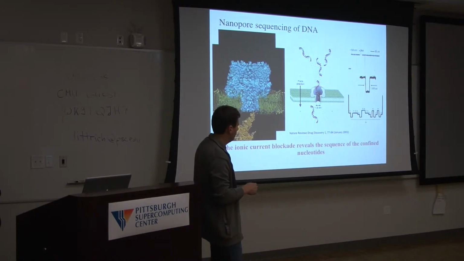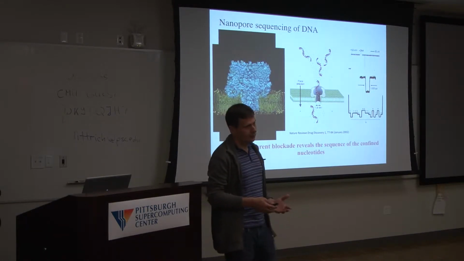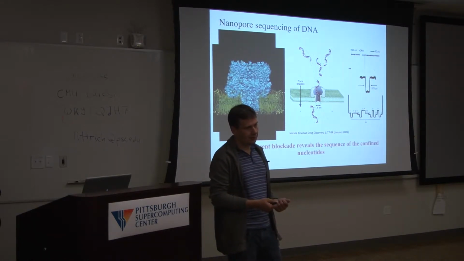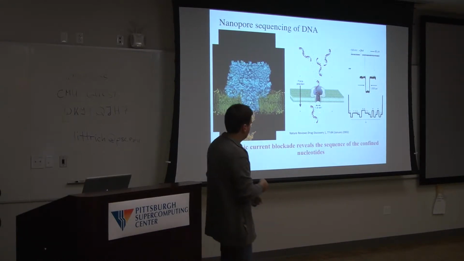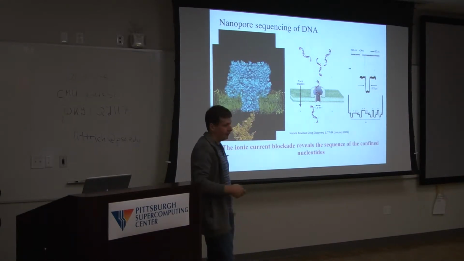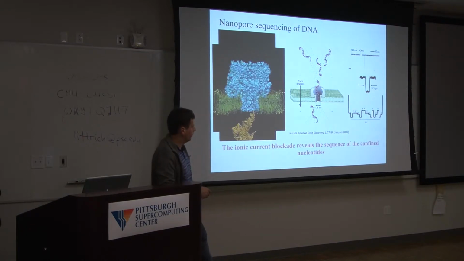When you don't have the DNA in the pore, you basically have an open pore current. And when the DNA enters the pore, the current will be blocked. That's your readout signal. So really, you're measuring electric current. It's not electrons, it's dissolved ions that pass through. That's what contributes the ionic current, and that's what you measure.